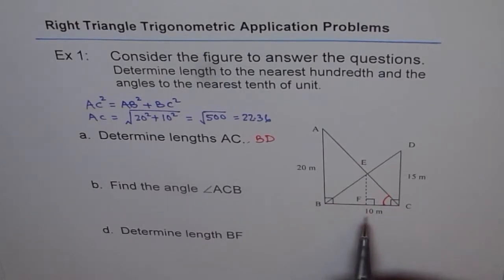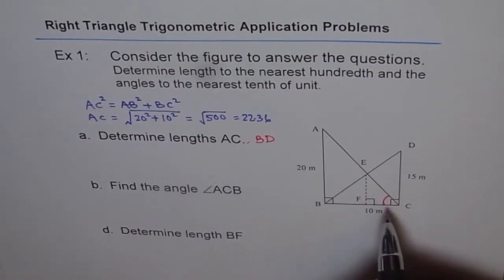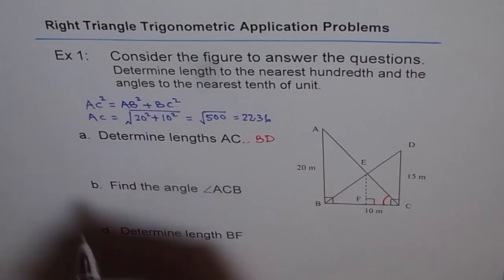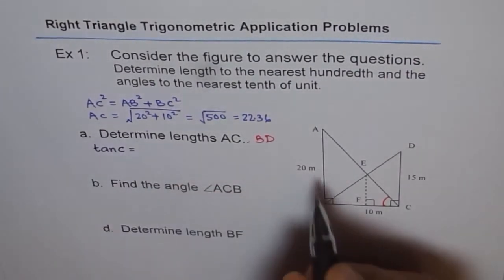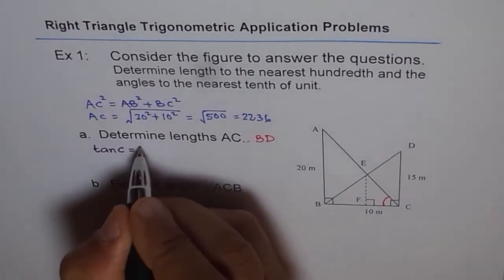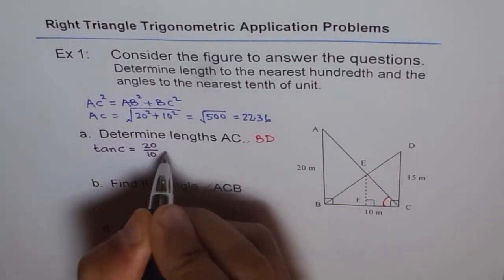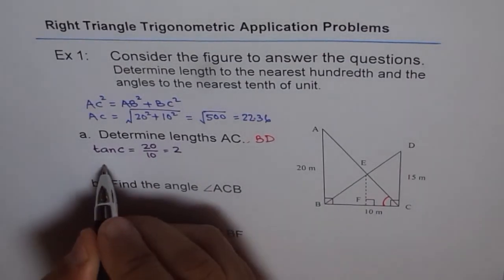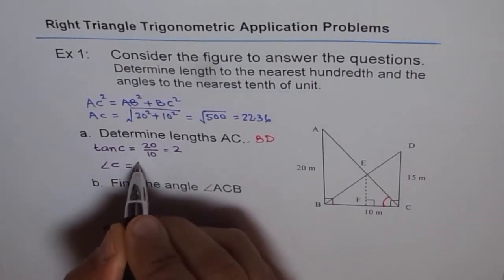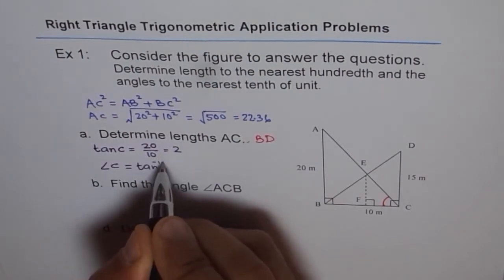So when you are given opposite and adjacent, which trigonometric ratio can you use? Of course, tan. So I can write tan of C is equal to 20 over 10, which is 2. And from here, I can write angle C is equal to tan inverse of 2.